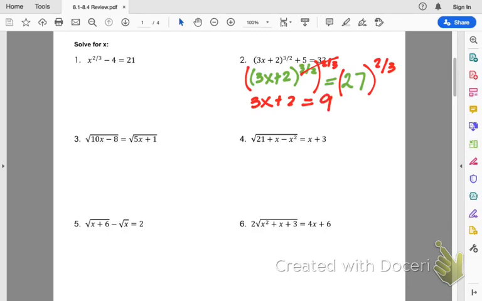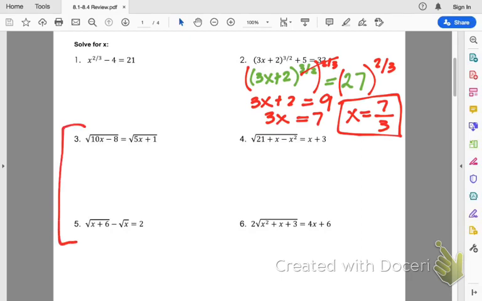From there, 3x equals 7, x equals 7/3. Remember with these kinds of problems that you will typically get one answer and you don't have to check that. It's for 3 through 6 if you get two answers.